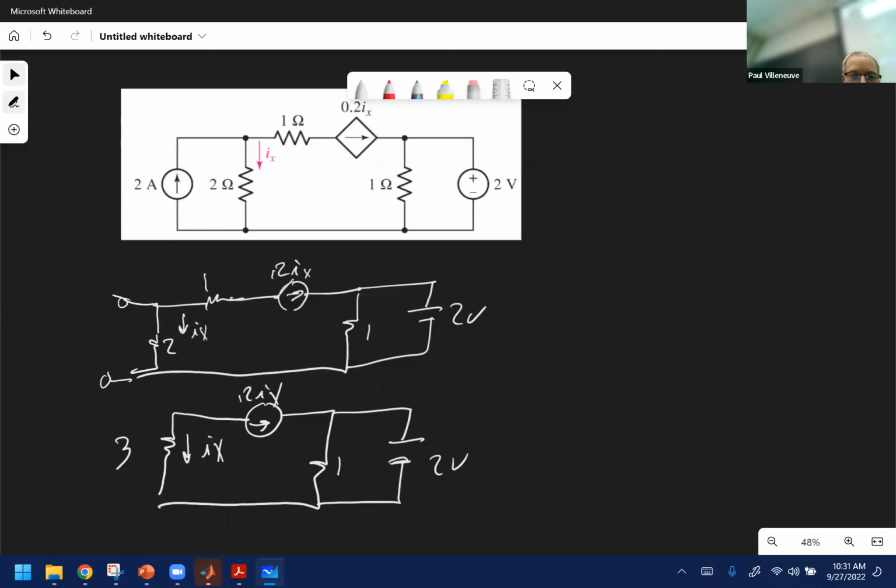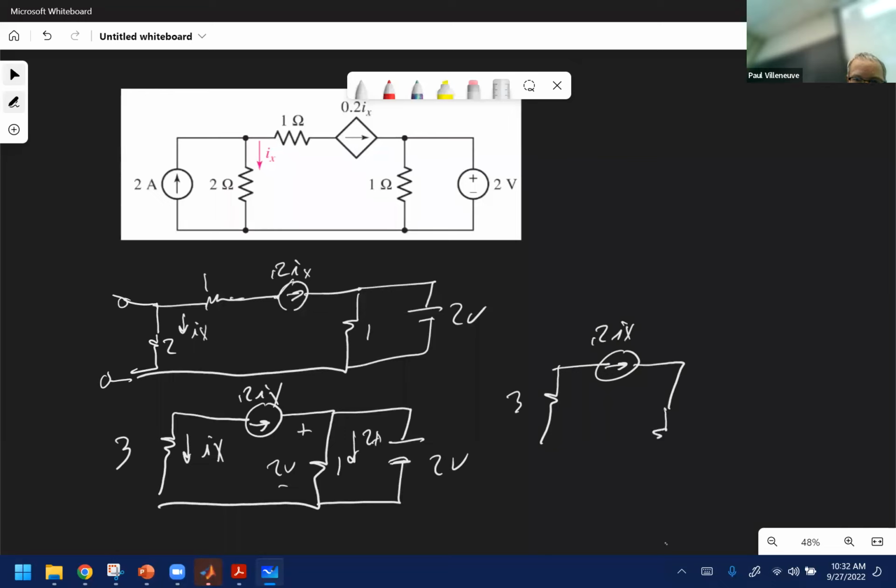So I know the current. Let's see, this is plus to minus 2 volts over here. I know that. Is there an easy way? So I know that this is also 2 amps. So 3, 0.2 IX.